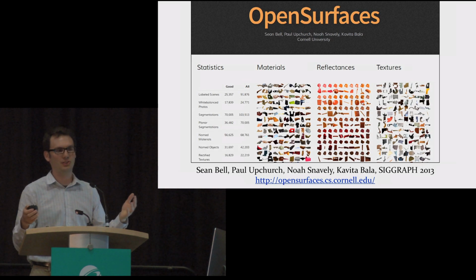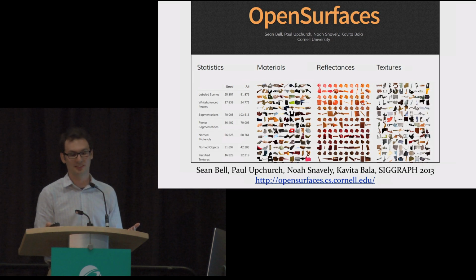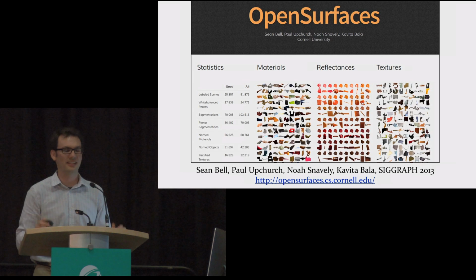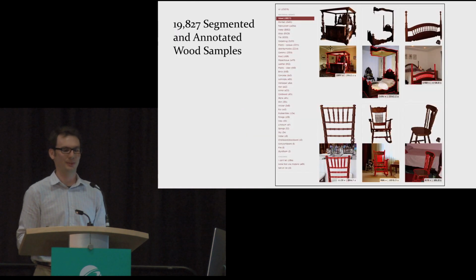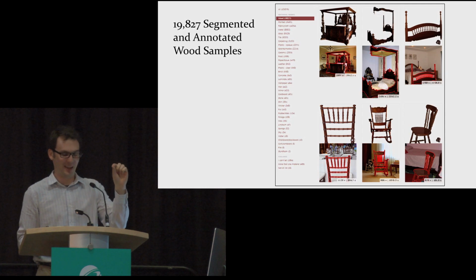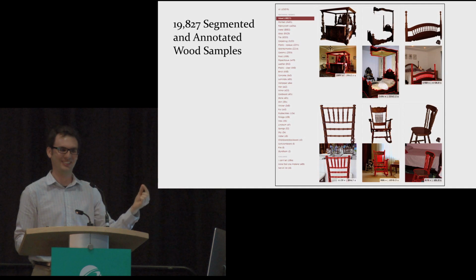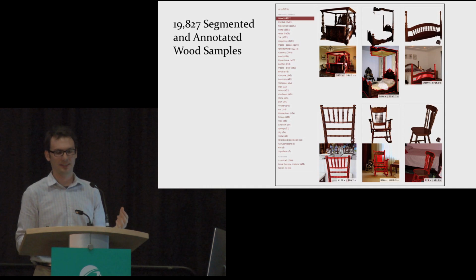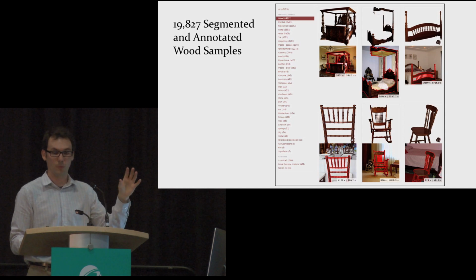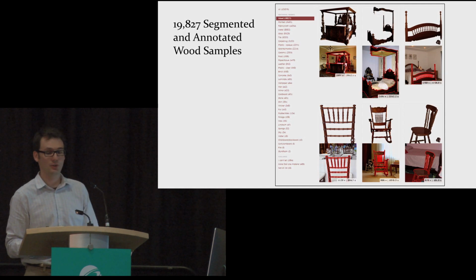And we created this huge open database called OpenSurfaces of labeled, annotated materials in images. So we have tens of thousands of segmentations for any kind of material you want. Wood is a good example. Many of these are lovingly segmented by people on Mechanical Turk who like to do segmentation. This is reminiscent of the LabelMe project, but more specifically targeted towards materials.